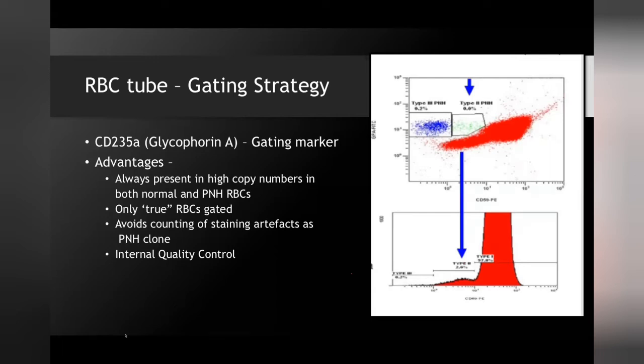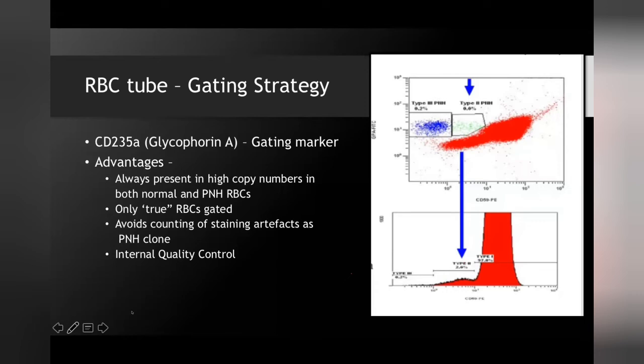Now what we are going to talk about is this population. You can see these green cells and these red cells. If you just look at this histogram, which is just representing the number of events and the CD59 expression on those events, you will report the clone size as approximately 3%, because in the histogram the green and red populations are clubbed together.